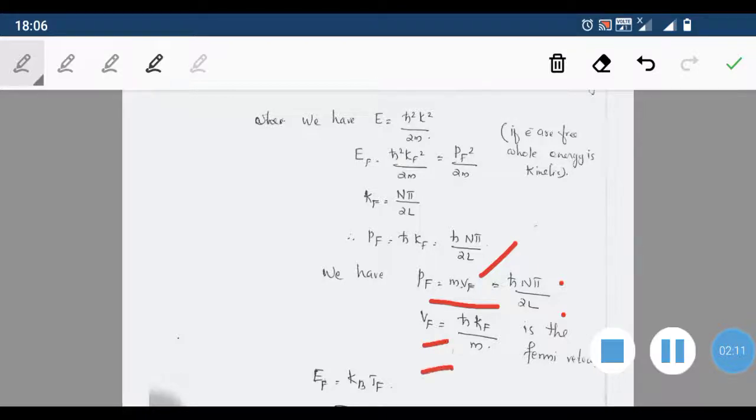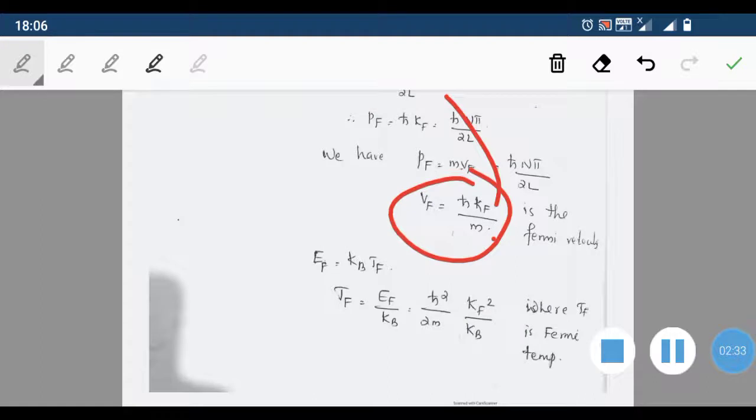So vF is equal to ħkF divided by m, and for kF you can substitute the value Nπ/2L. This vF is an important expression which is termed as the Fermi velocity, the expression for which is ħkF/m, and kF is nothing but Nπ/2L.